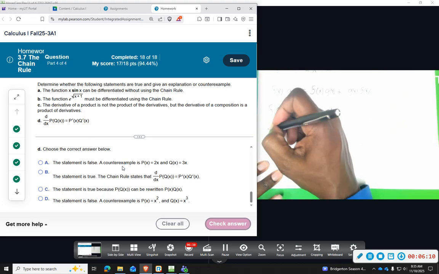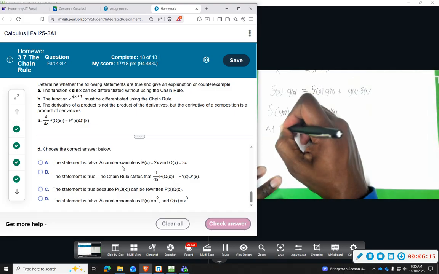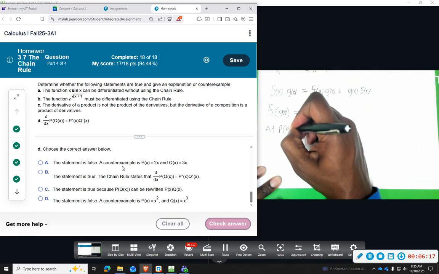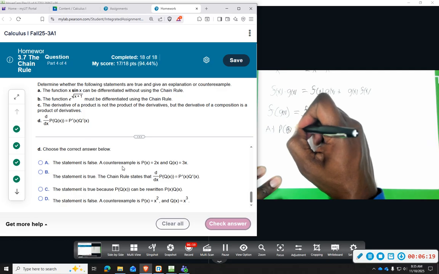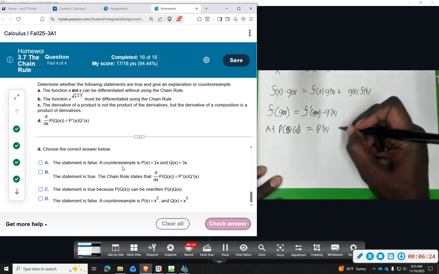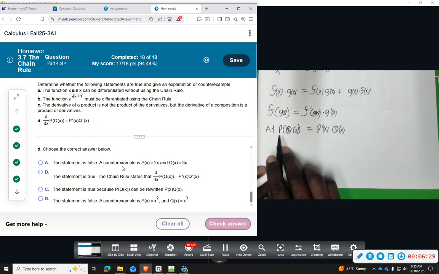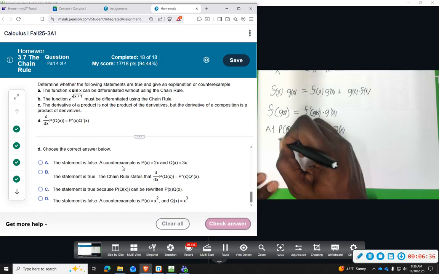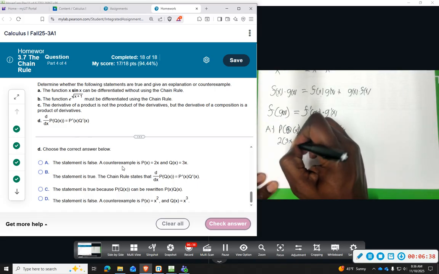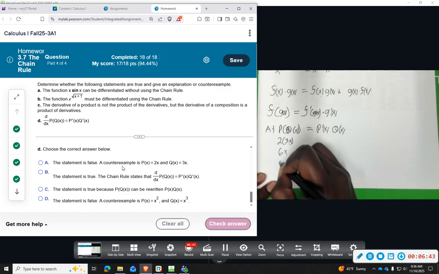Okay, so let's just kind of go through them. You're looking at P of Q of x is equal to P prime Q prime. Okay, so if we did P of x is 2x and we plugged in 3x, we would be looking at 2 times 3x composition, which is 6x. The derivative of this would just be 6.